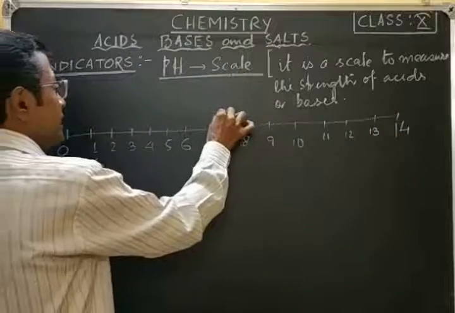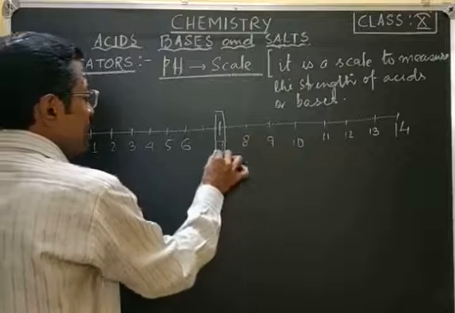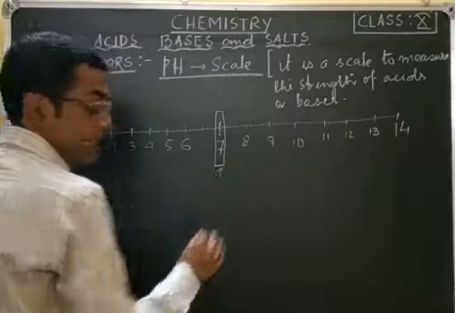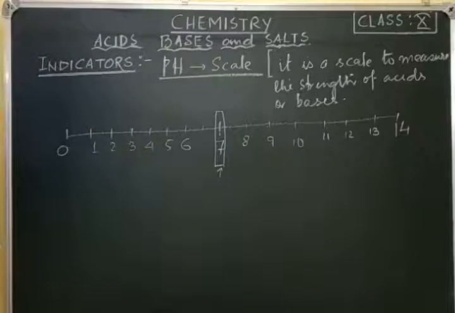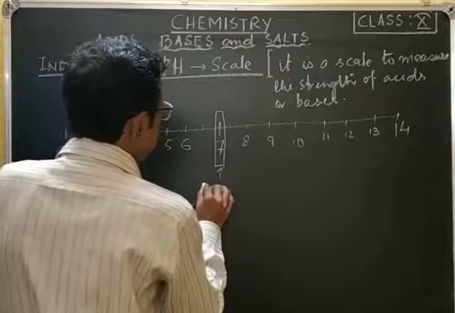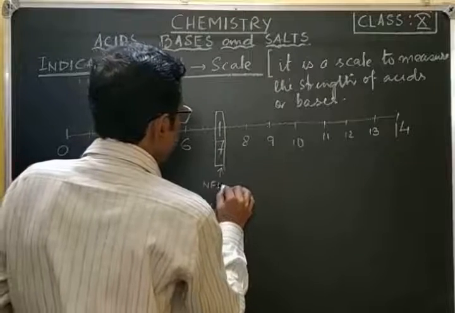So remember, the scale reading 7 indicates a neutral solution.